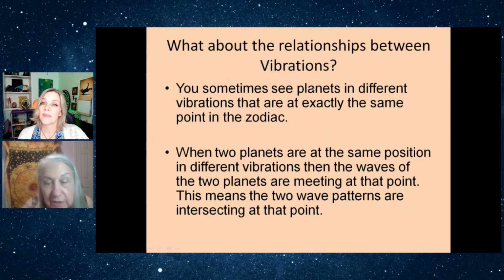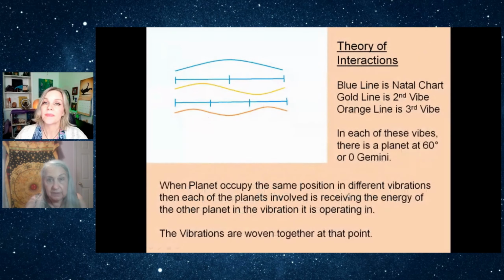Okay, so you sometimes see planets at different vibrations that are exactly the same point in the zodiac. When two planets are at the same position in different vibrations, the waves of the two planets are meeting at that point. This means the two wave patterns are intersecting at that point.